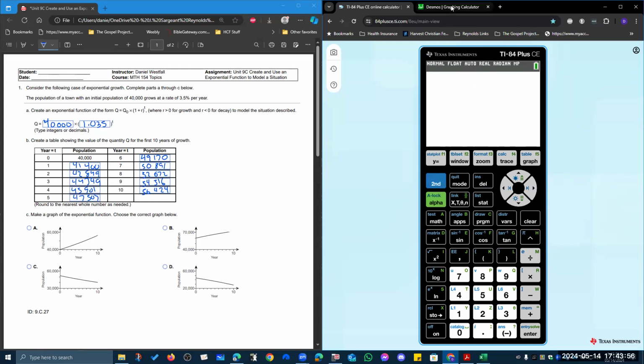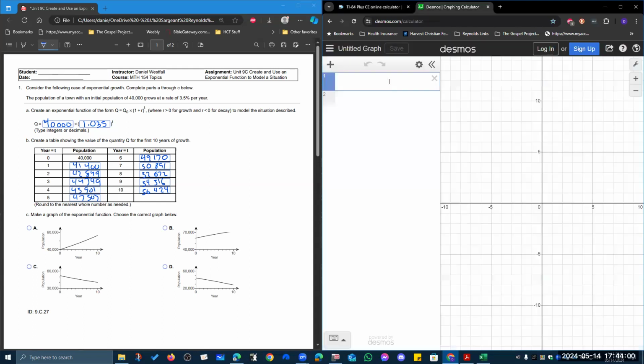One other tool that's available for you, if you don't have the TI-83/84 calculator series, is going to be Desmos, the graphing calculator. We can just call this y equals 40,000 times 1.035 to the x.